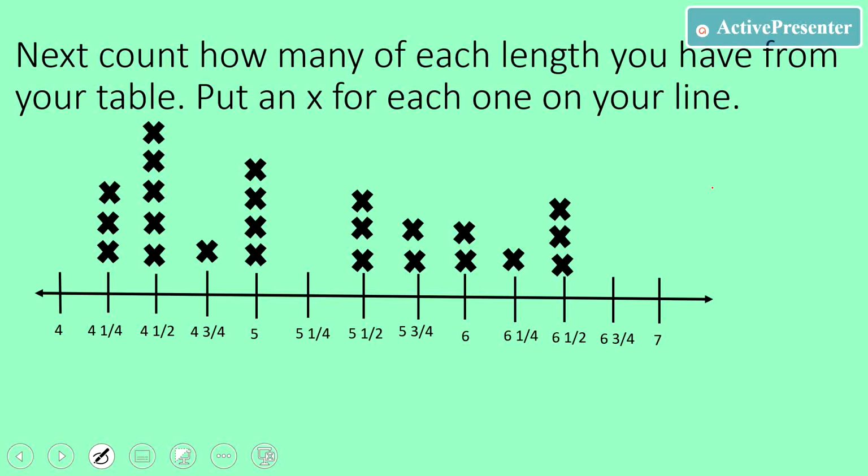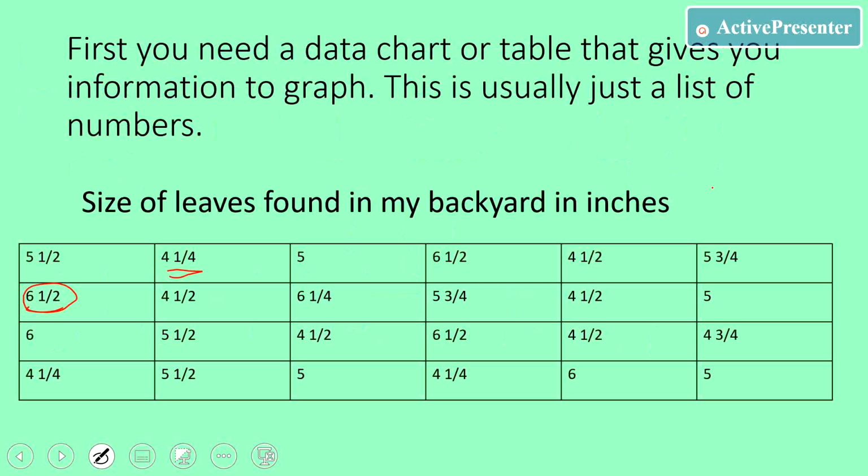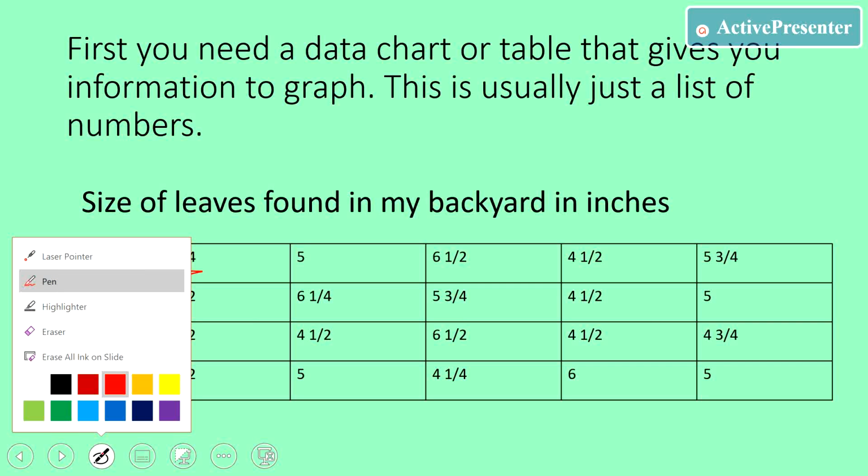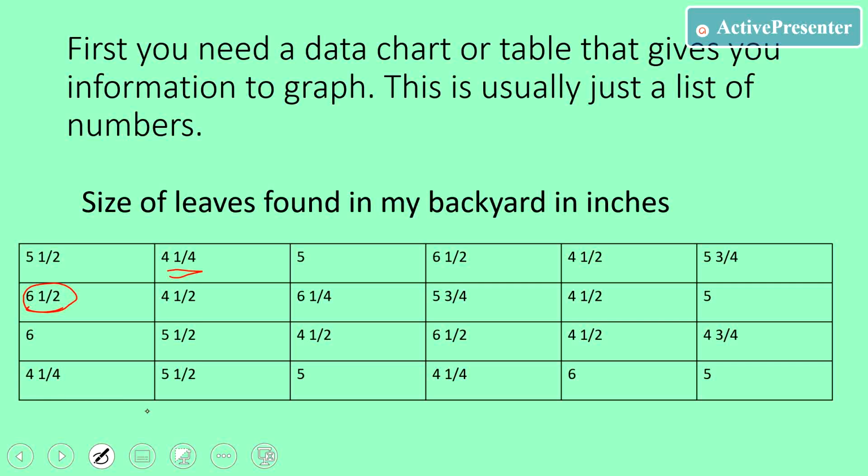So let me show you this. If I'm looking for 4 1/4, I'm going to get a different color. I see I've got 1 4 1/4, I've got 2 4 1/4, and I have 3 4 1/4.